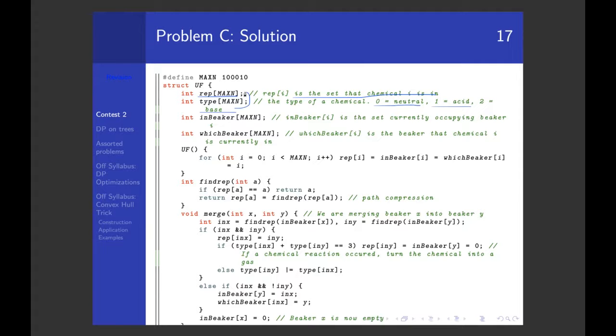The type corresponds to a given set here. We have in beaker. This stores the set that is currently occupying a beaker. That is the chemical that's currently in a beaker, or 0 if there's no chemical in the beaker. Which beaker stores which beaker a chemical is in. This is used just to get the answer at the end.